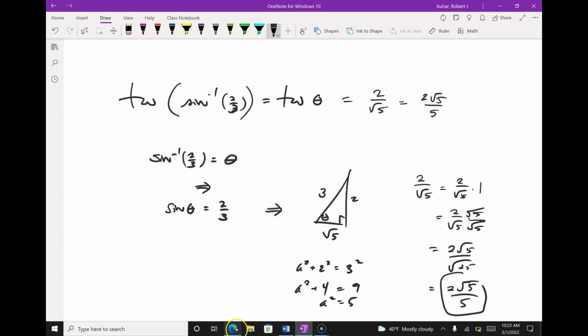Let's do another one. So inverse trig gives me a triangle. 90% of the time, you'll have to go back to that triangle.